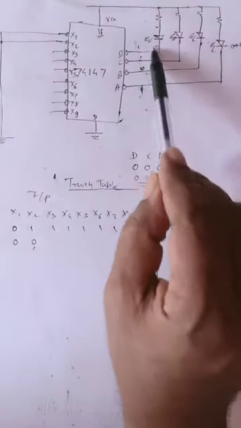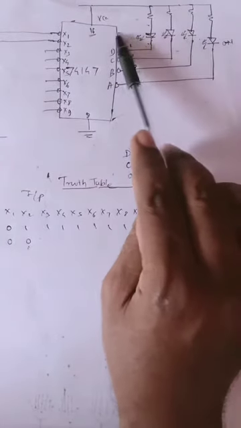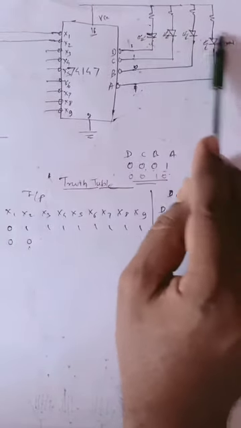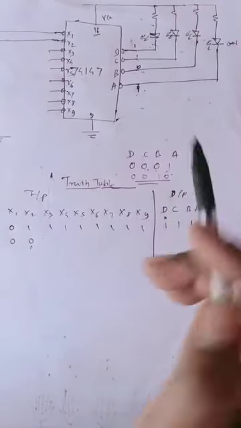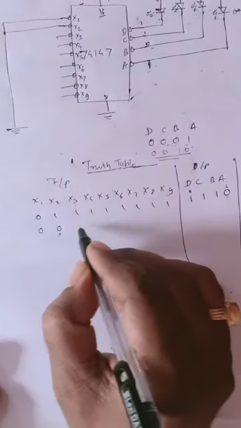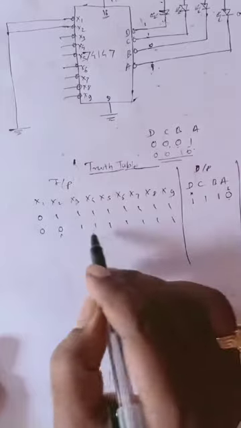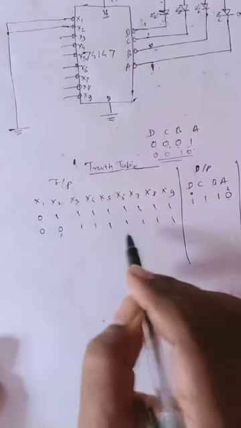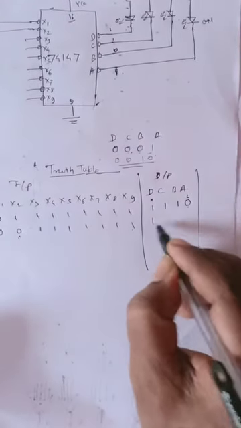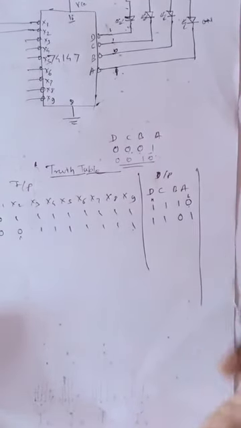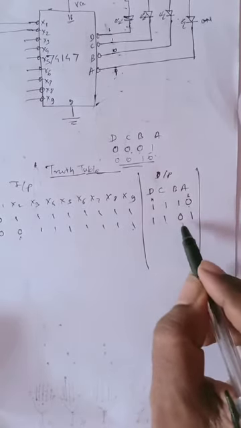So even though the outputs are inverted, you can read the same sequence and same equivalent binary by connecting this LED. The remaining inputs are high, meaning we are not applying any input. So you get 1 1 0 1, equivalent to 2 because it is active low form of 0 0 1 0.